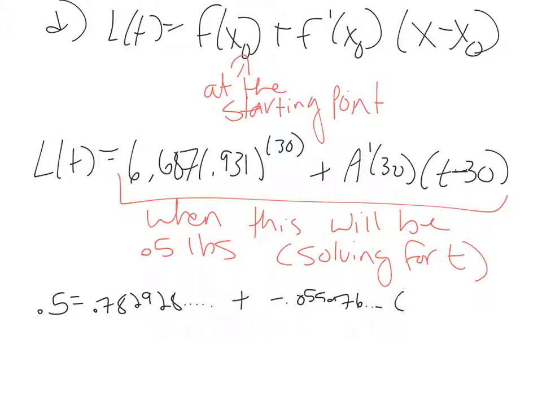negative 0.055976, and so on, times t minus 30. Okay, and now I'm going to isolate the variable because I'm solving for t. So first I'm going to add this.